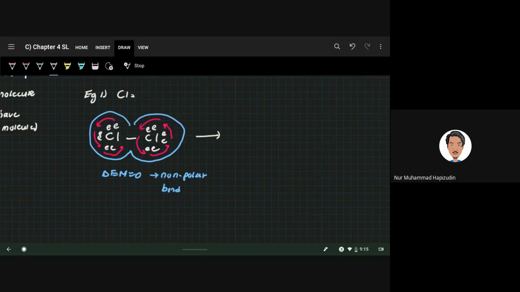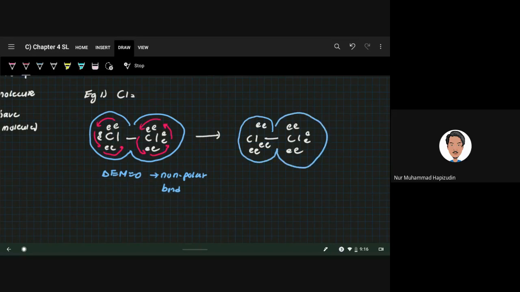At one time, all the electrons can accumulate at one area. Macam ni. Tiba-tiba elektron ni semua berkumpul dekat tengah.